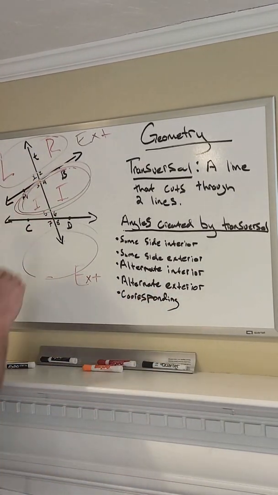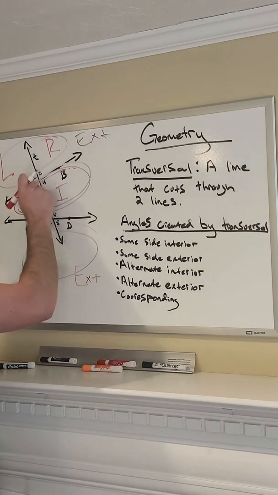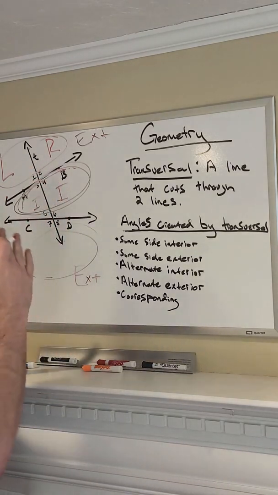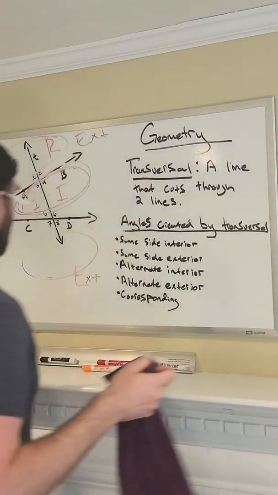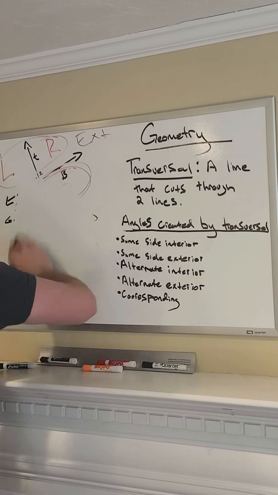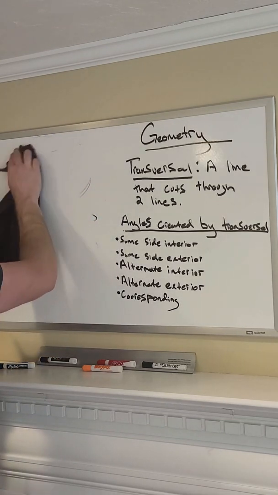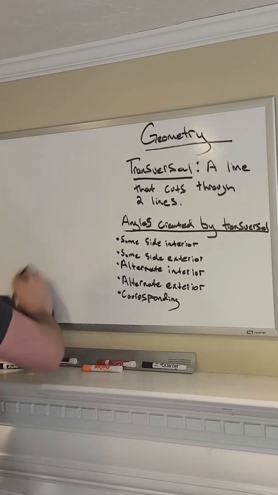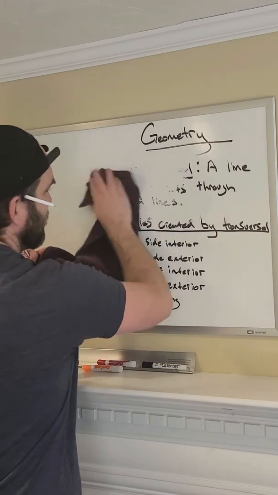Corresponding angles are just angles that are in the same spot where the transversal crosses a line. I'm going to erase this because it's become a bit of a mess, and I'm going to draw another one, and we're going to talk about exactly where each set of angles are.